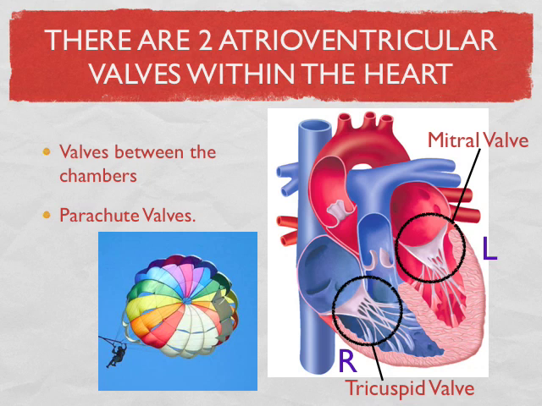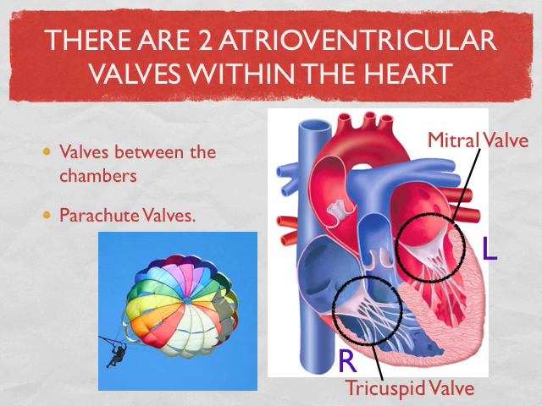Now, if you've taken any biology, you might have heard that that left one is called the bicuspid valve. And in some biological, when we're doing biology, we use that. But if you're going to be in medical work, 99.9% of the time when they talk about the valve on the left-hand side, they're going to use the name mitral valve.